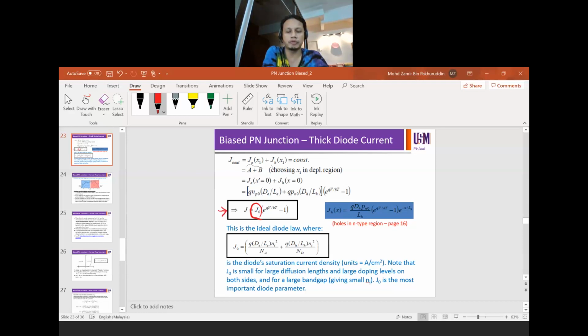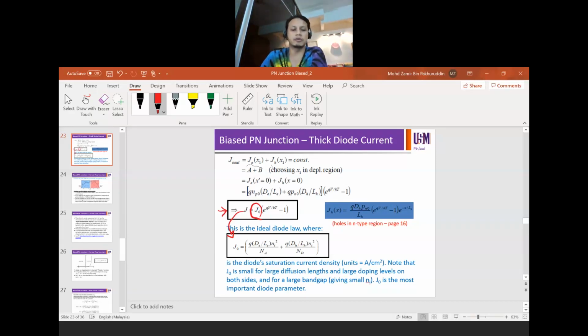To calculate J naught, you have to revisit the previous page. J naught is equal to Q times D over L times NS squared over NA, plus another component from the hole. We want J naught to be as small as possible, typically in the region of 10 to the minus 12, minus 13 ampere. In order to get a low J naught, you can design your device with the optimum parameters.